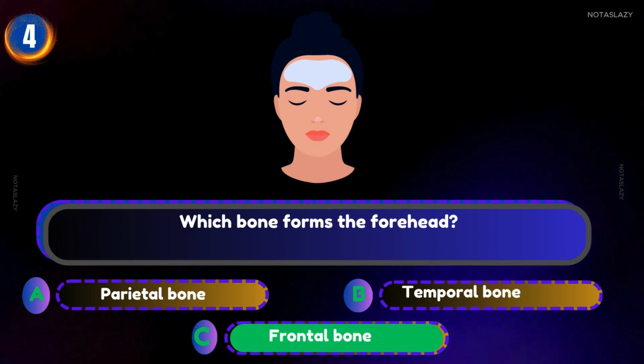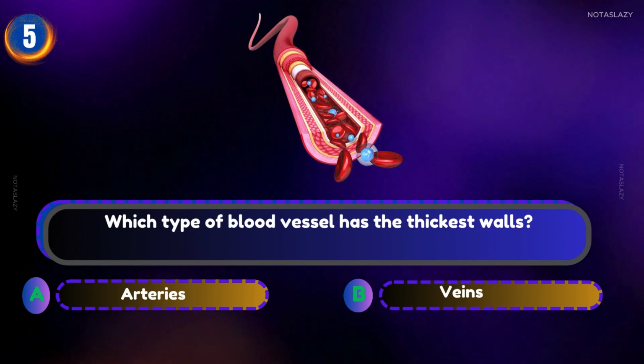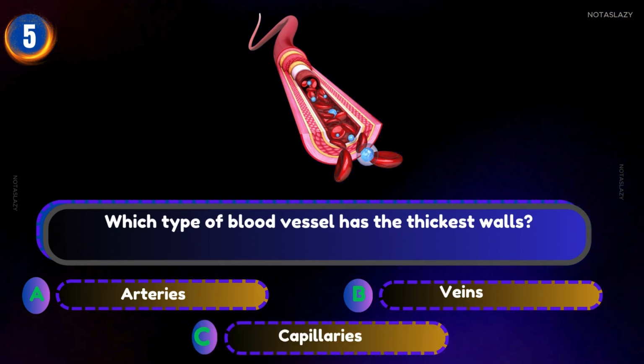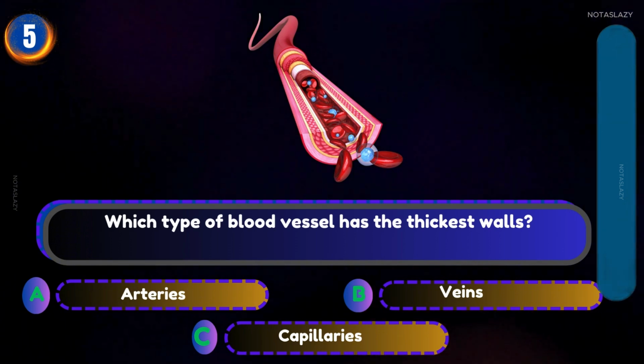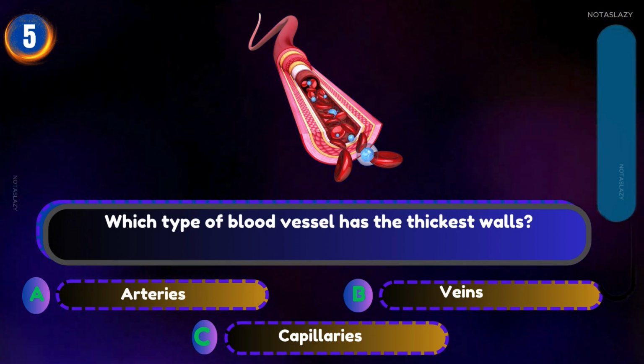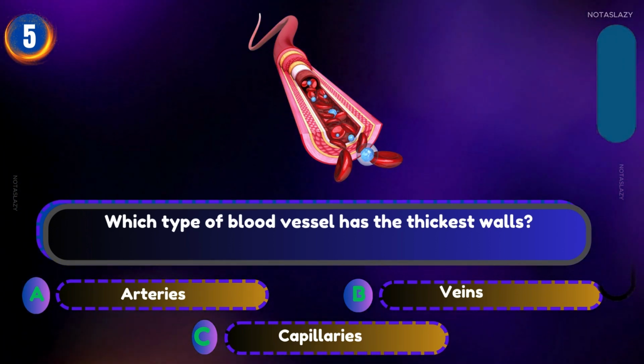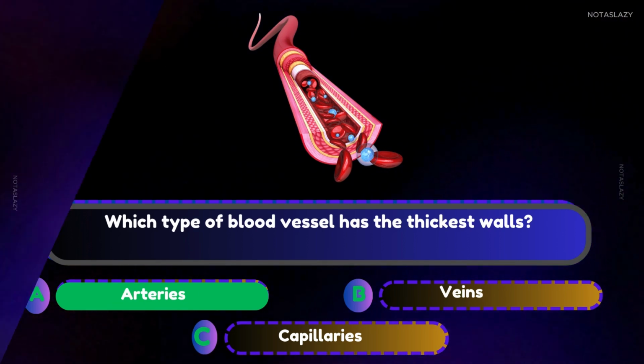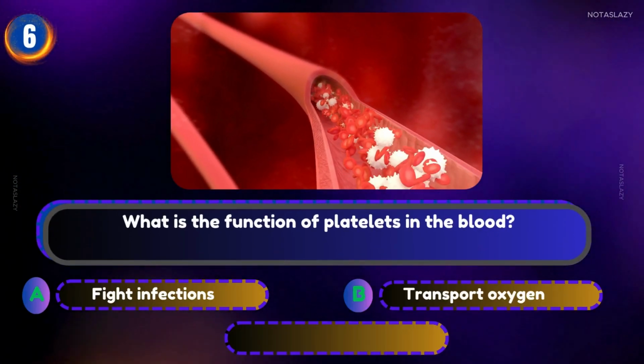Frontal bone. Which type of blood vessel has the thickest walls? Arteries. What is the function of platelets in the blood?